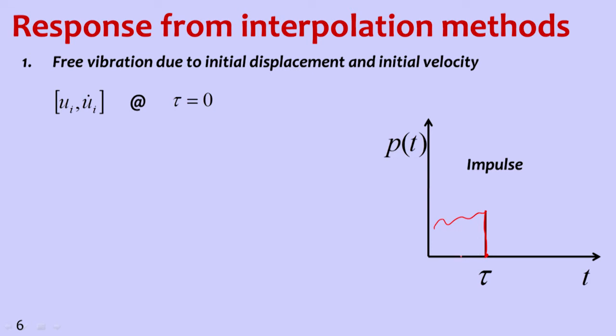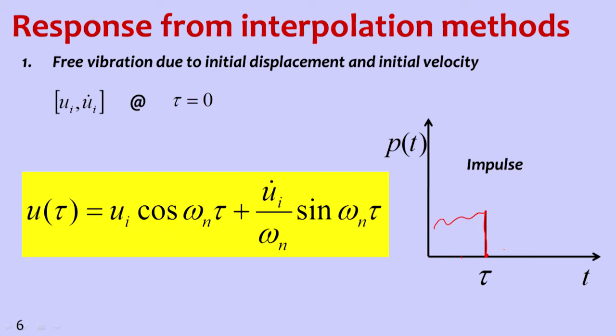So we are putting tau at some point, that is at i; tau is 0 at i, tau is equal to delta t at ti plus 1. For that we already know from the impulse response function that u(tau) is equal to ui, that is initial condition, cos omega n tau plus u dot i by omega n sin omega n tau.